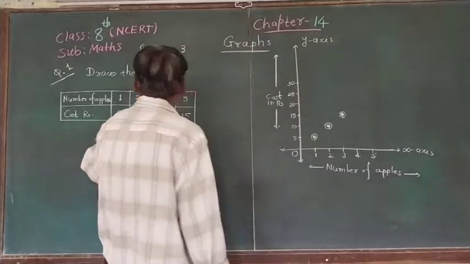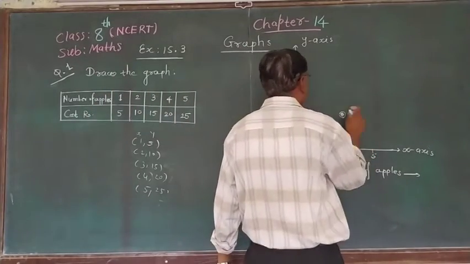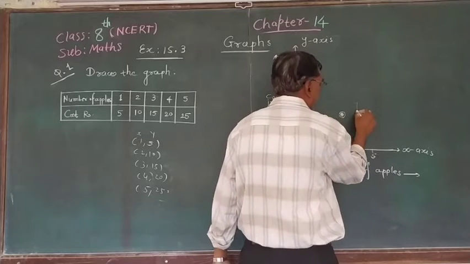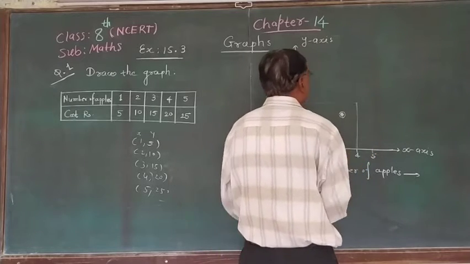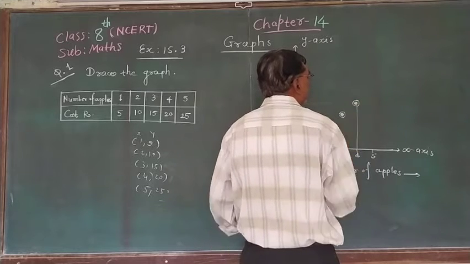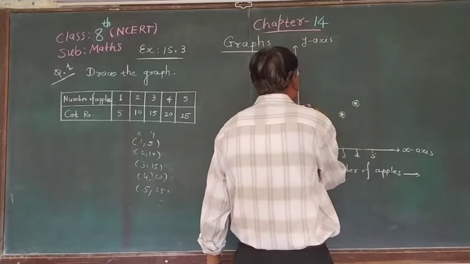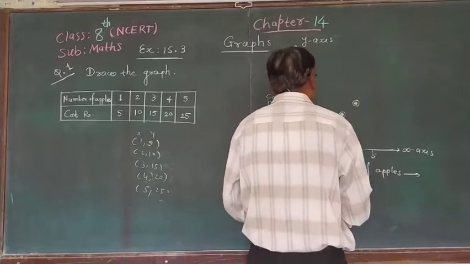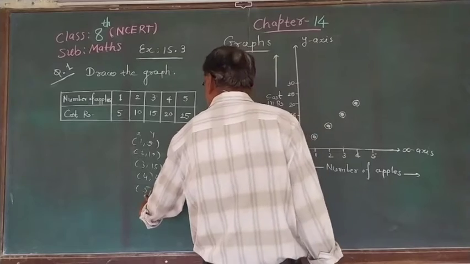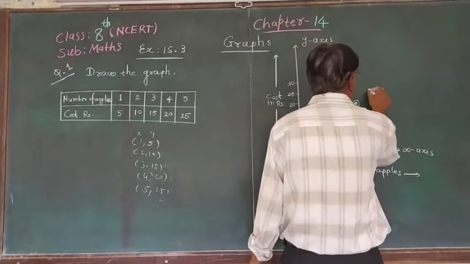Okay, 4 and 20. Draw this point, then remove this line. If you leave it as a light line, then no problem. 5 and 25. So this is 5 and this is 25.